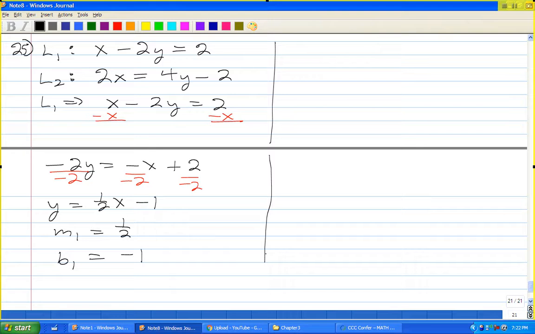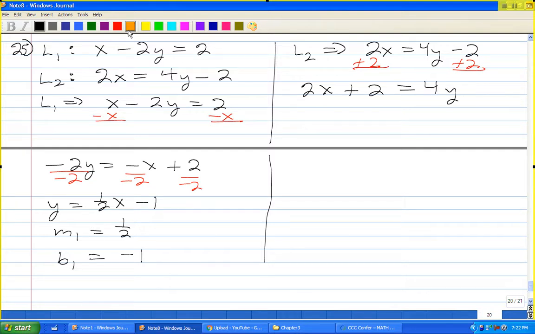Let's determine the slope and y-intercept for the second line. So you have 2x equals 4y minus 2. Add 2 to both sides of the equation. So I get that 4y equals 2x plus 2. Divide every term here by 4.